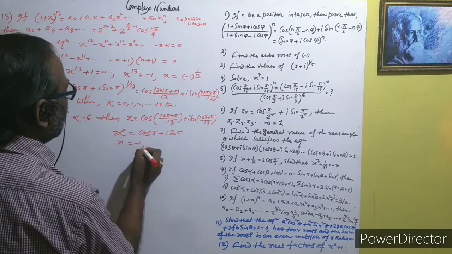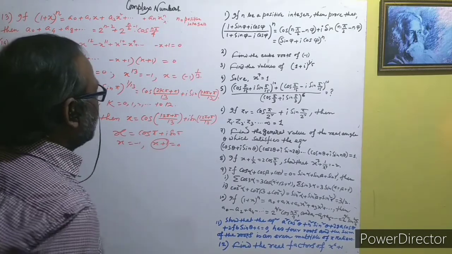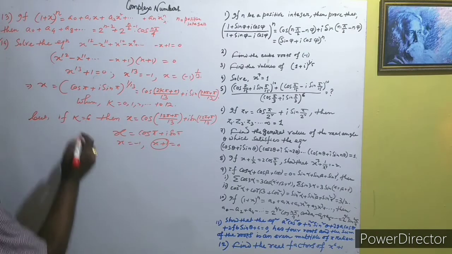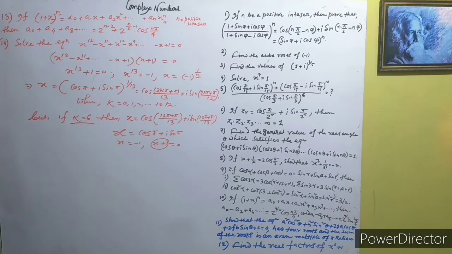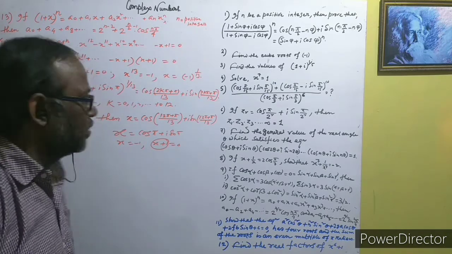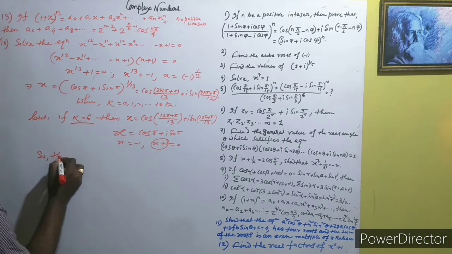So this is x equal to minus 1, so x plus 1 equal to 0. This is the factor which I have multiplied to both sides. So k equal to 6 is not valid for this equation, as this is your simplification factor.